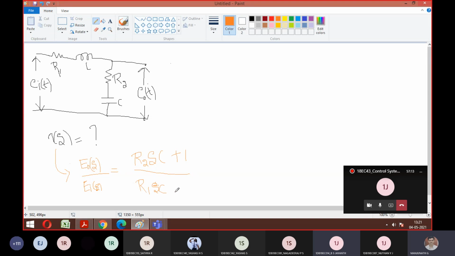That's all. R SC plus S square LC plus S square LC plus SC. Is it so? Is what I wrote correct?